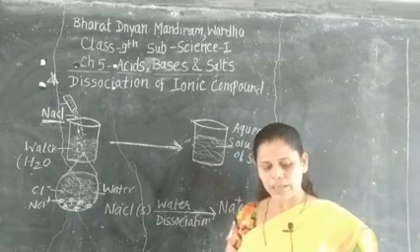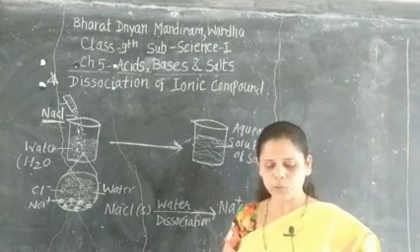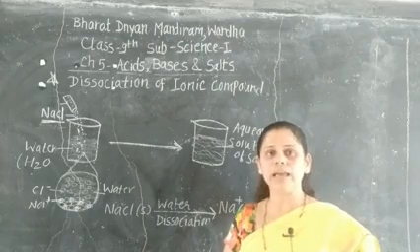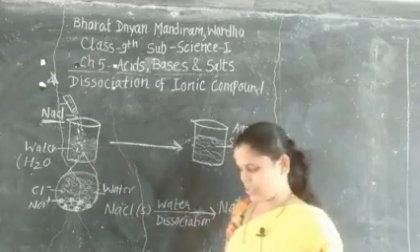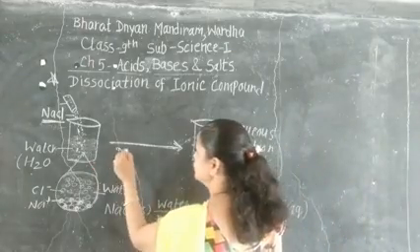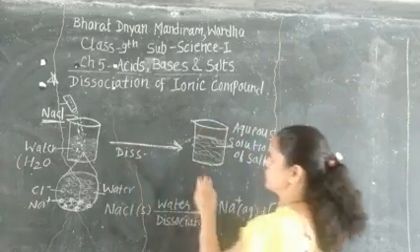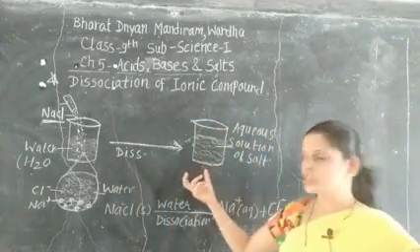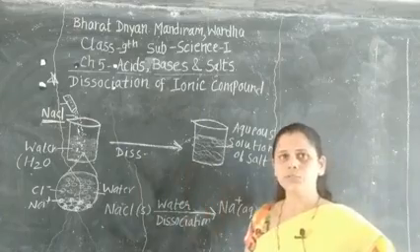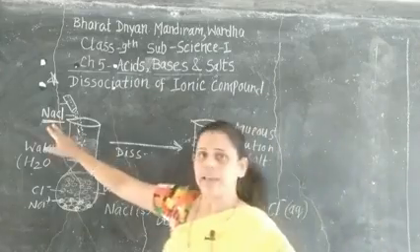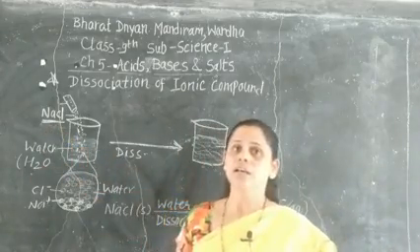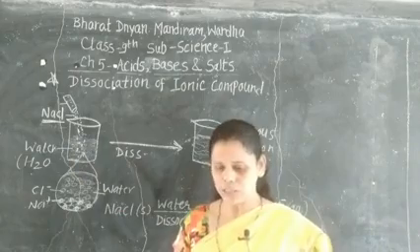That is to say, an ionic compound dissociates while forming an aqueous solution, and after dissociation an aqueous solution is formed. Clear, students? So this is the dissociation of NaCl, sodium chloride, common salt.